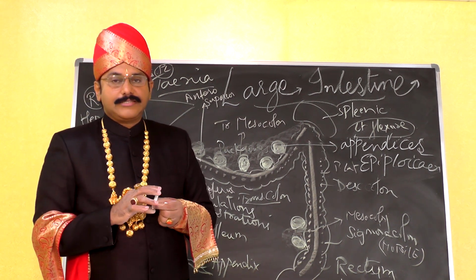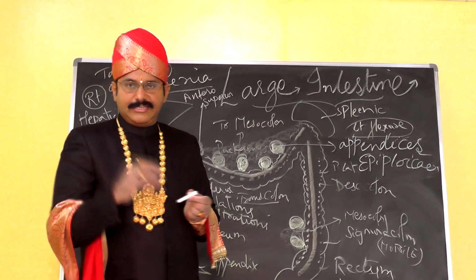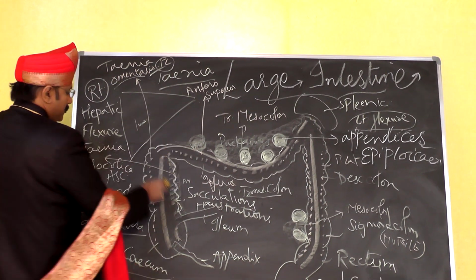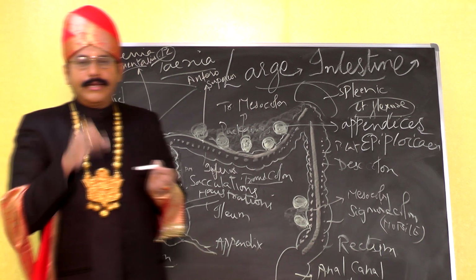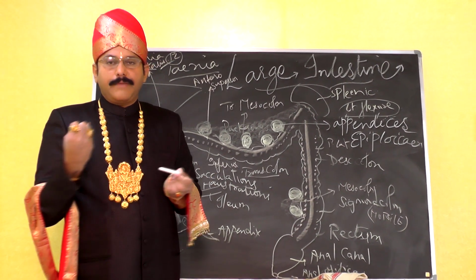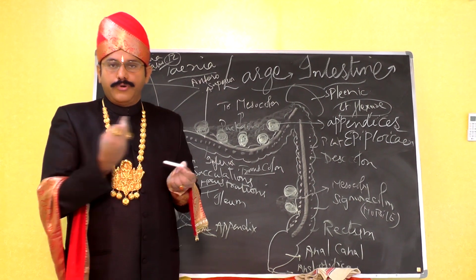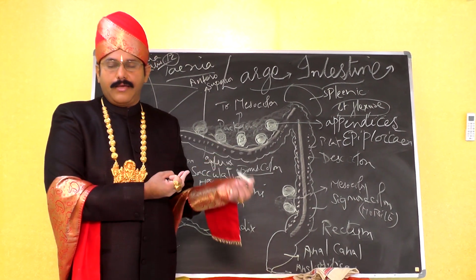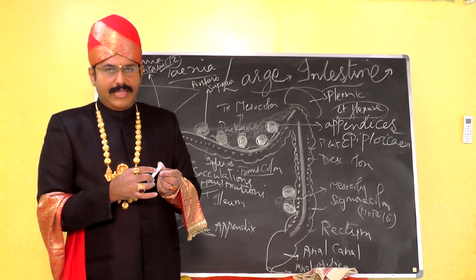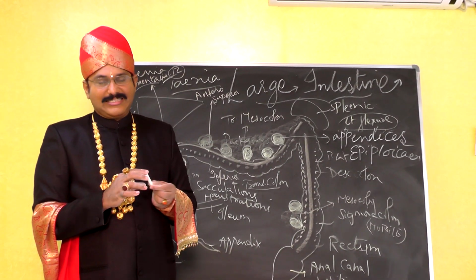Now coming to the features of the large intestine, the very special features, there are three. One, the teniae, the longitudinal muscle cords. Teniae libera is present anteriorly, and the other two are present posteriorly. Posterior-medially you have teniae mesocolica, and posterior-laterally you have teniae omentalis.